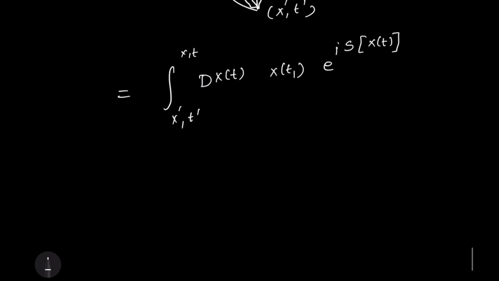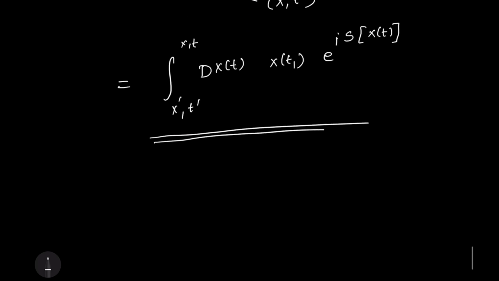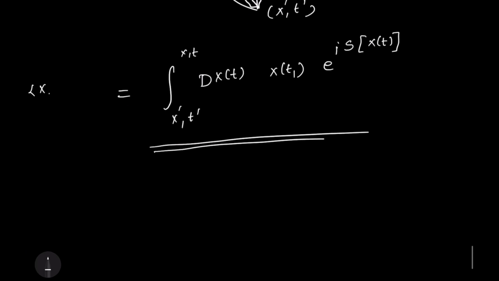So we get xt, x of t1, x prime t prime as the integral from x prime t prime to xt, dx of t, x of t1, e raised to i S x of t. So when we insert an operator, we translate it to the eigenvalue of this operator, right? Because this is equal to this integral.